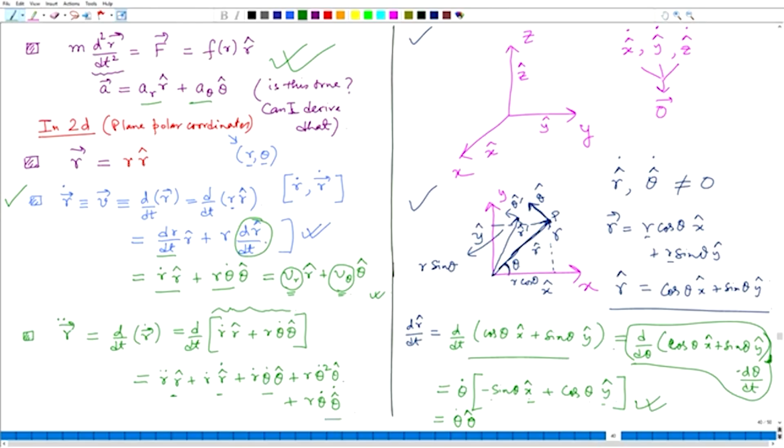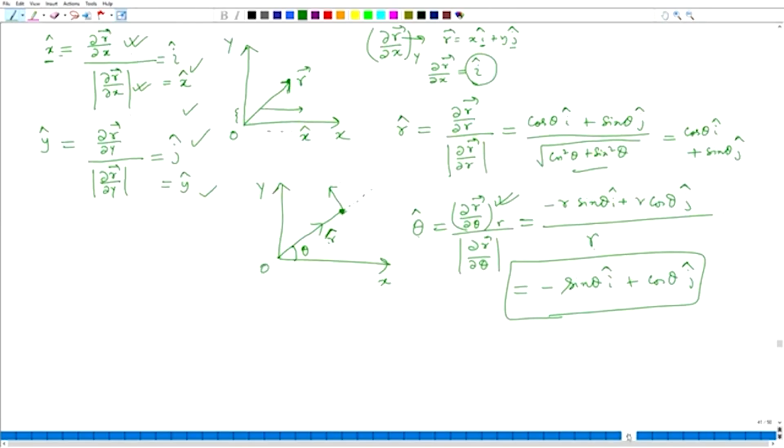Theta cap is minus sin theta i cap plus cos theta j cap, and theta cap dot is d theta cap by d theta times d theta by dt.